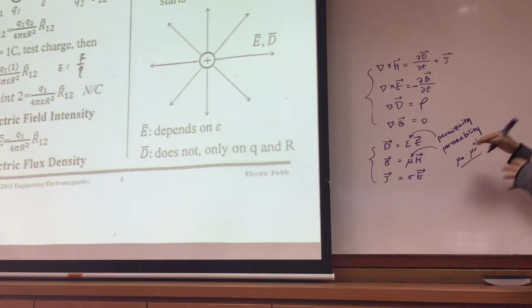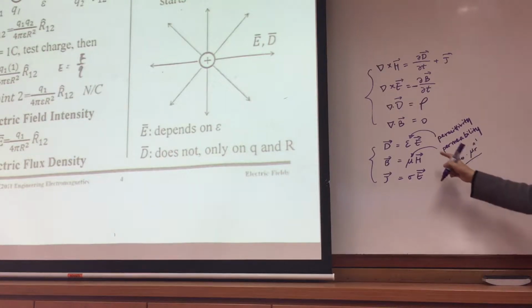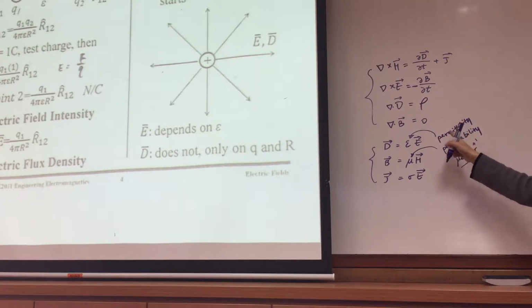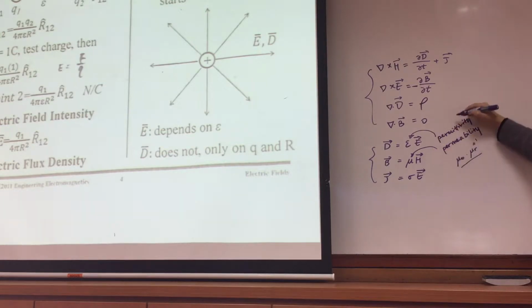Okay? This is just for knowledge. I don't think this is going to be on the exam. I don't know. And this is permittivity. So permittivity also has an epsilon naught and epsilon r. This is the permittivity constant. This is the relative permittivity of this material. If one material has epsilon r, that is a dielectric constant.